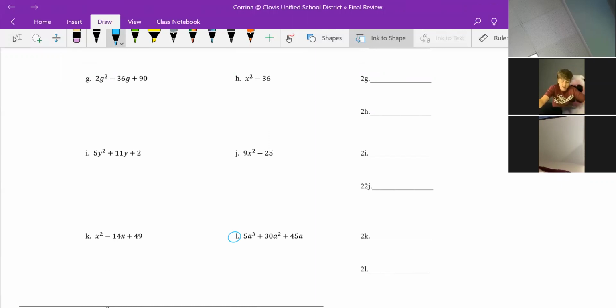You figure out the factors of 45 and then how those are going to be. Yes, but remember, the first thing we do on any problem is look for a what? GCF. And what's the GCF here? 5. And it's not just 5, it's 5 what? 5A.